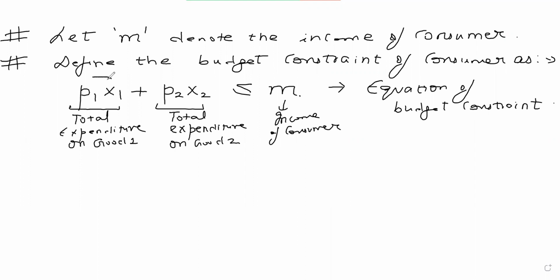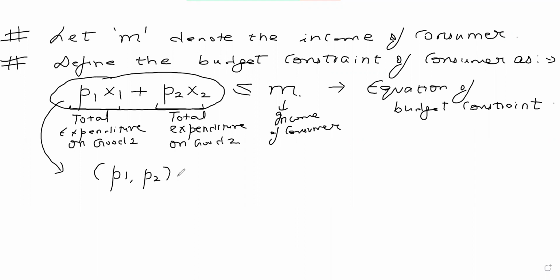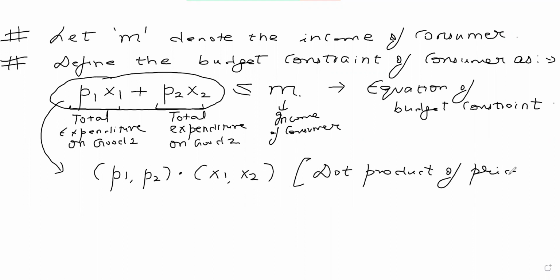Basically, this expression, I can say this is the dot product of the price vector with the quantity vector. I can write it's the dot product of the price vector and the consumption vector.